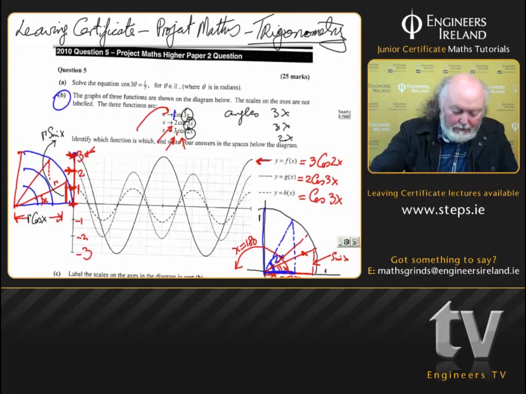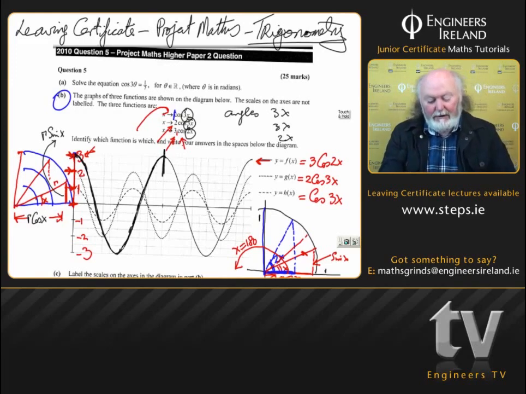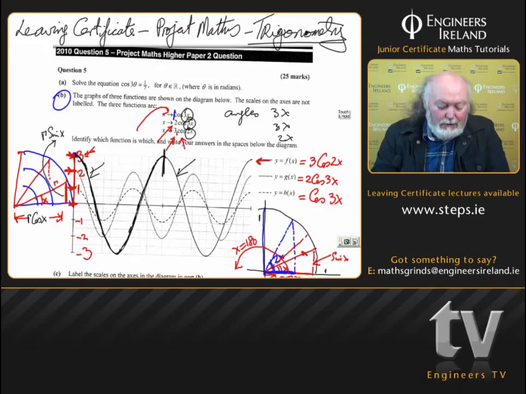If we pick this big one, what we notice about it is that when we have just drawn this much of it, it's now beginning to repeat. This is just repeating what happened over here. So that's the full shape.